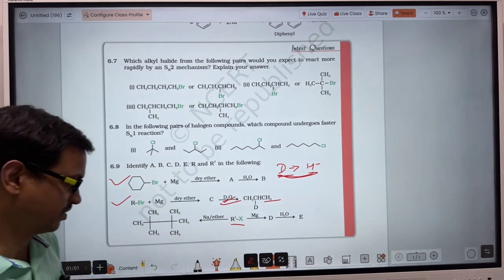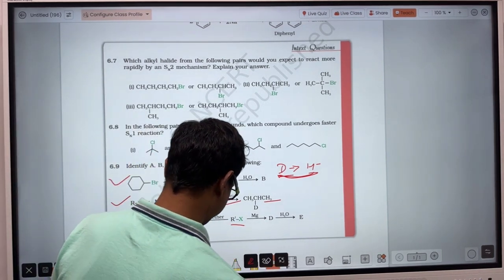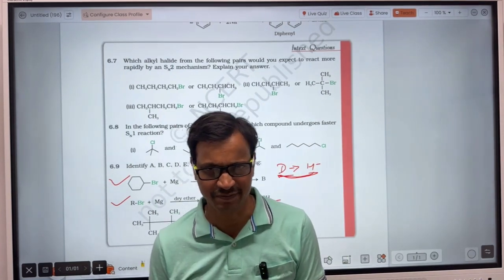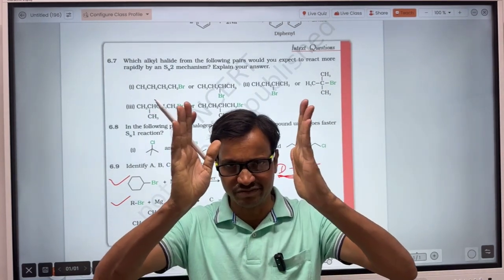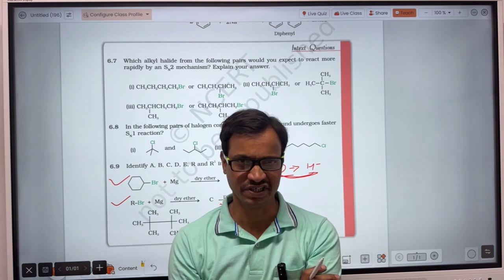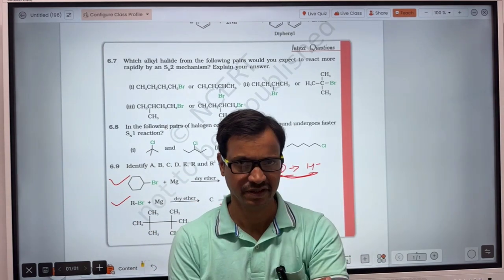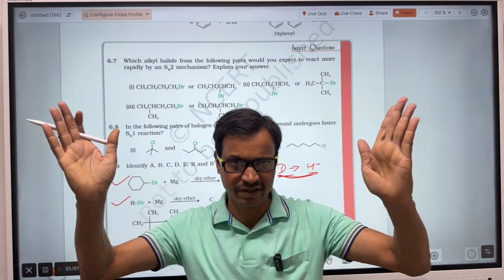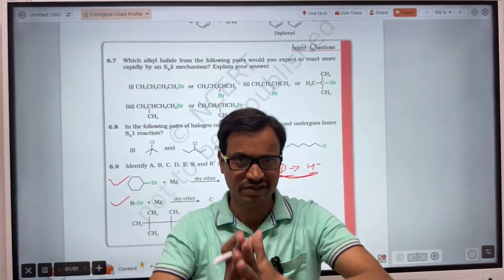For this compound, you have to predict all of them. Just watch what was happening during the Wurtz reaction: the carbon atoms to which the halogen was bonded got bonded together.